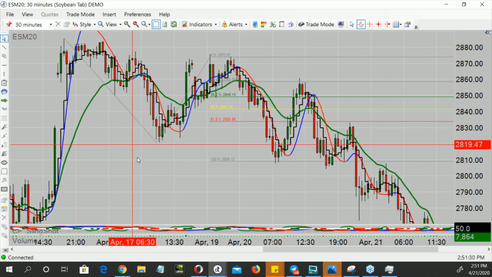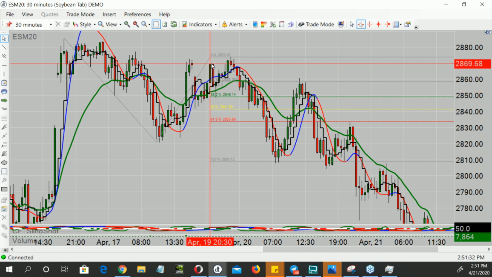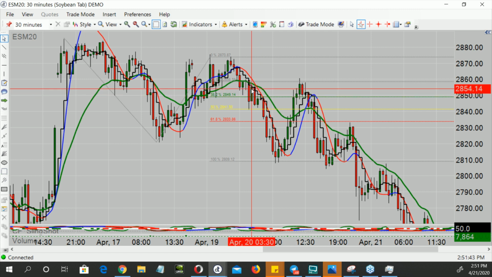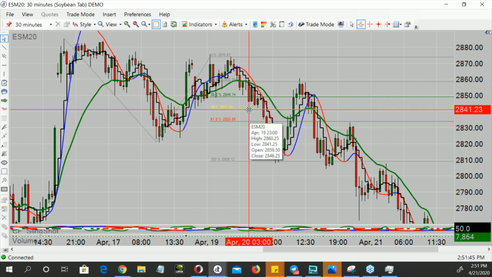So from the high to the low to the retracement high, right here, we hit the 38% price extension. But it keeps going down to the 50. Now, what does that 50% mean in this case?